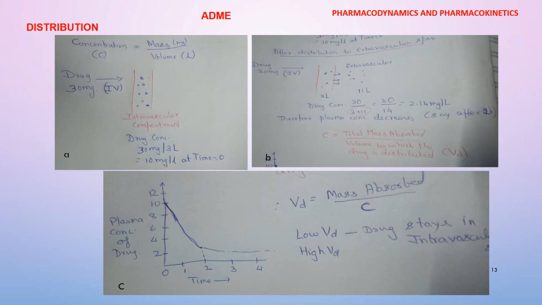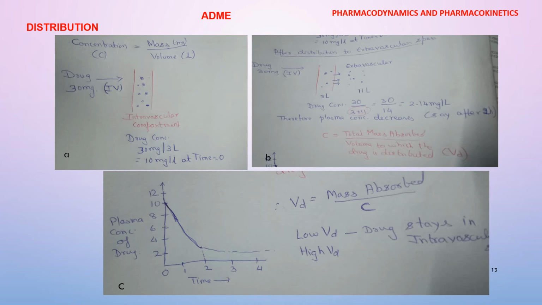Now, let us consider a drug dose of 30 mg administered by the intravenous route, as in figure A. The concentration of the drug in the intravascular space is mass divided by volume, that is, 30 mg divided by 3 liters, which comes to 10 mg per liter.